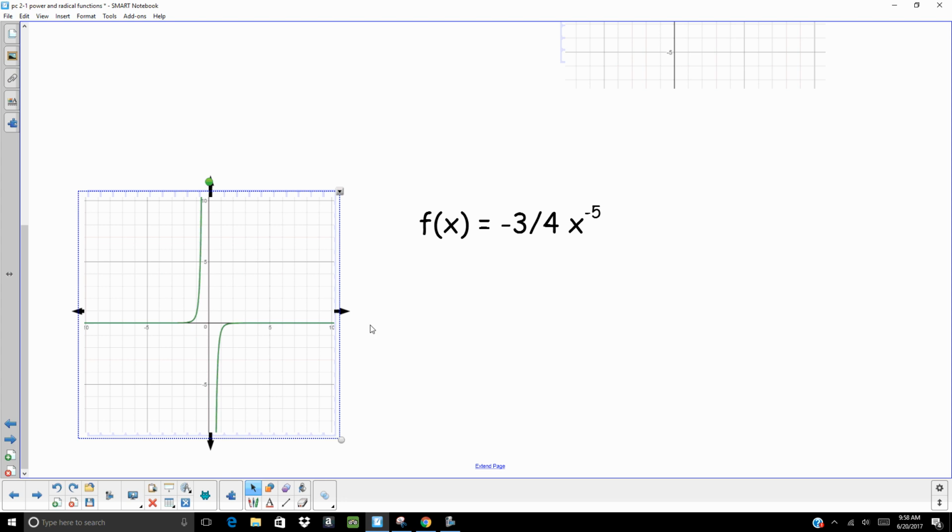It looks like it's touching, but it's just getting really close, so it doesn't look like y is going to equal 0. So my domain is all real numbers except x is not 0. My range is all real numbers, y is not 0. There is a discontinuity at x equals 0. And I do not have any intercepts.